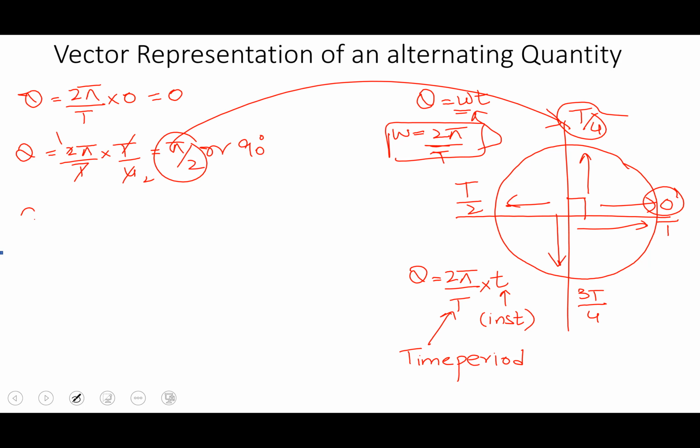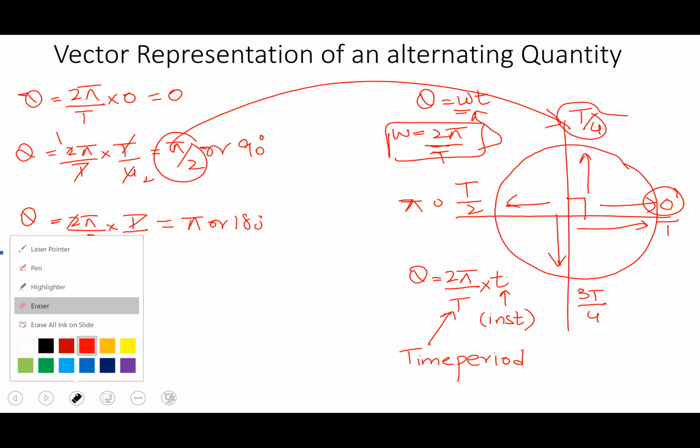If we continue, it is 2 pi divided by T multiplied by T by 2. The 2s cancel with each other, T and this T cancel. So it is pi, or 180 degrees. Sorry, not pi by 2, pi.